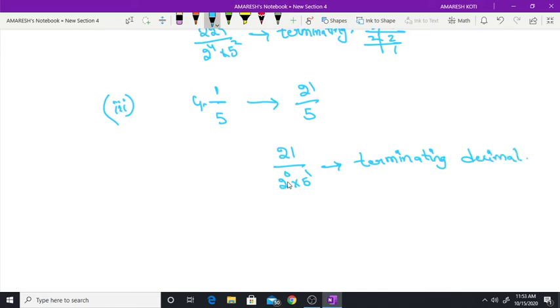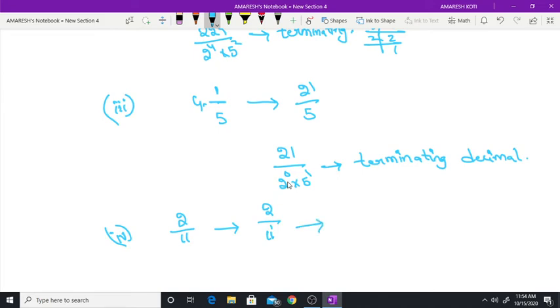I will tell the fourth sum also. Fifth sum do by your own. Fourth sum 2 by 11. So 11 is a prime number. So we cannot find any co-primes for 11. So it can be written as 2 by 11 power 1.